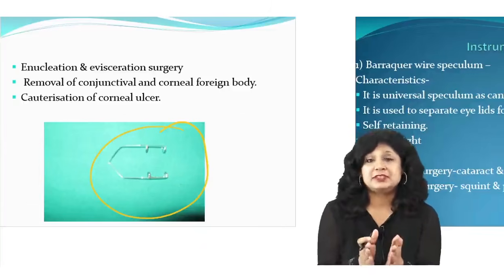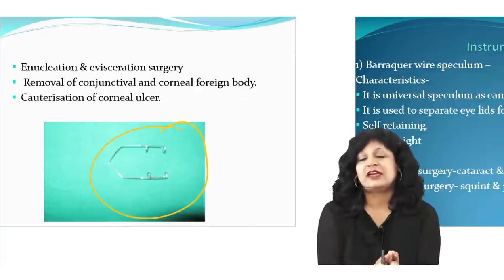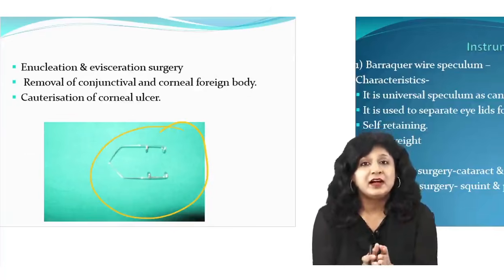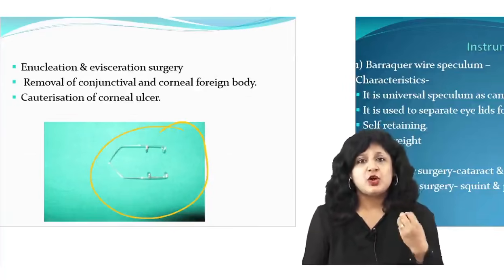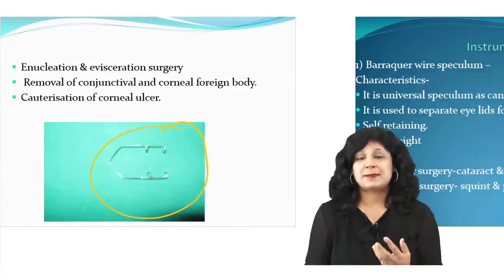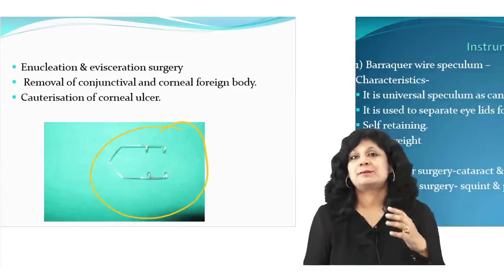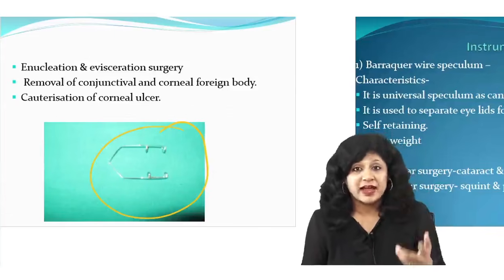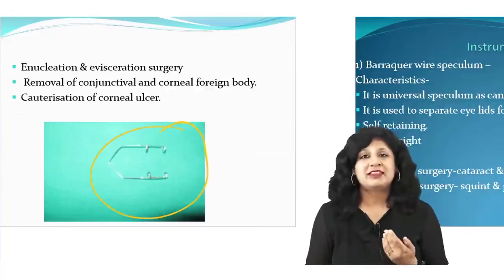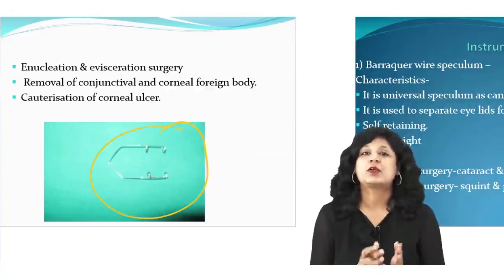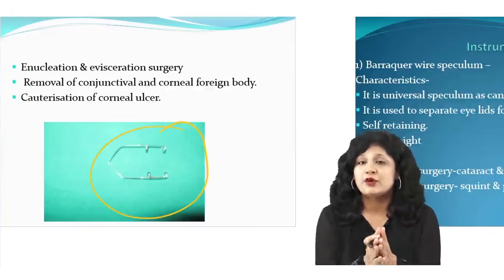Now what happens when there is a foreign body, maybe in the conjunctiva or in the cornea? Obviously there is a lot of lacrimation, redness, congestion, and the patient is in pain. So it becomes difficult for the patient to open his eye wide and let you remove that foreign body. So for that purpose we also require the eye speculum at the time of removing foreign bodies.